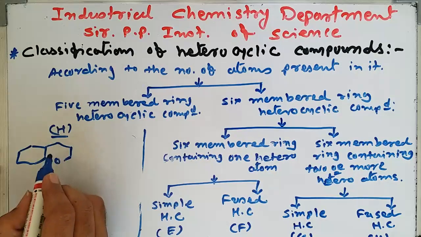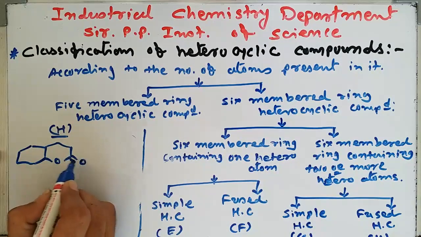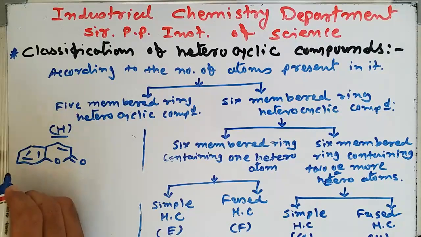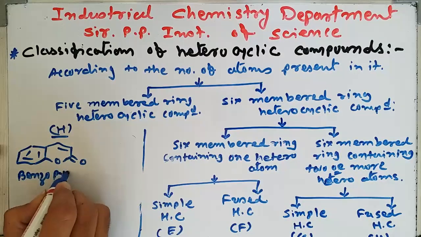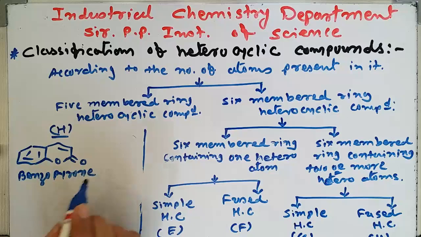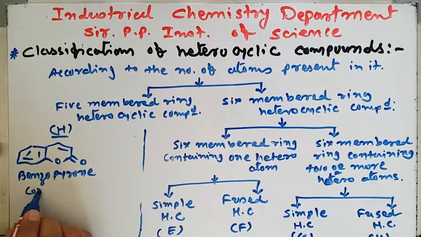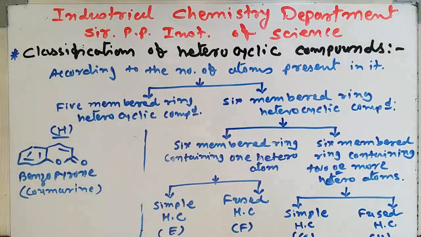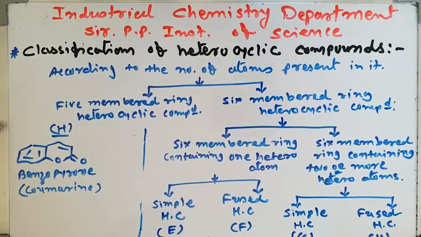If oxygen is present as a heteroatom, then it is known as benzopyrone, also known as coumarin. Coumarin derivatives are optical brighteners, optical brightening agents, and all are used in dyes.